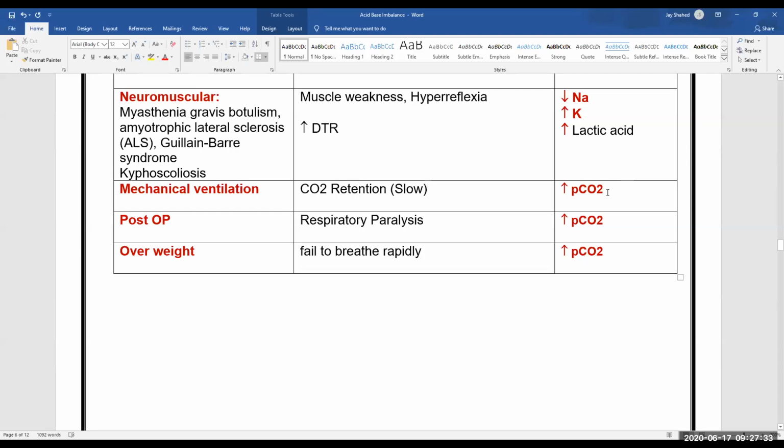So you're going to increase the PCO2 in the blood in this case. Post-op, respiratory paralysis can lead to an increase in PCO2. When your muscles are weak, you're going to retain CO2. Overweight, so you're not breathing well, so you're retaining CO2. So you go into acidosis.